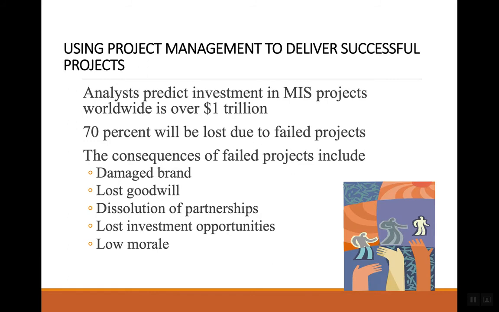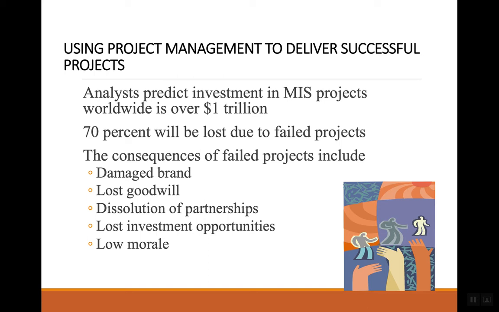So, some numbers here. $1 trillion in MIS projects on a global basis. I don't know, the book says 70% will be lost. I don't know if that's 100% true, but a lot of projects will fail by going longer than expected and not delivering what is expected.